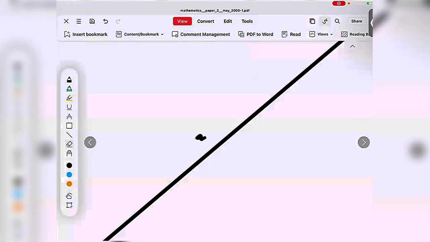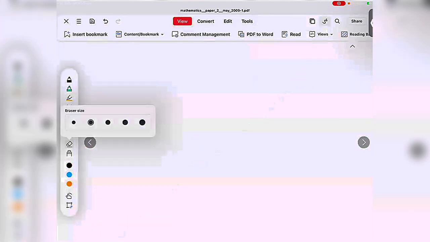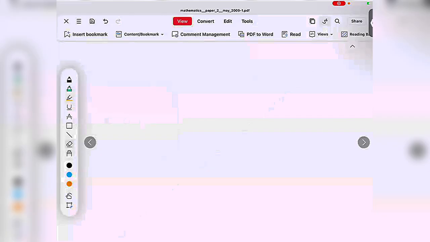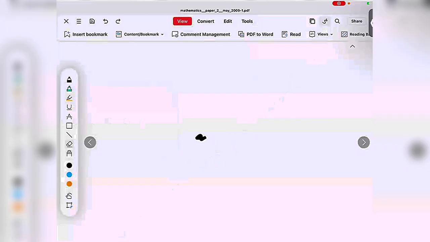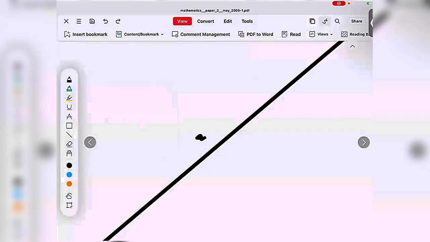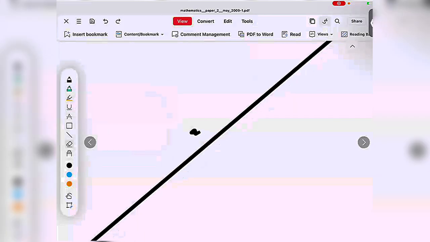I'm trying to get this thing here. Give me a second, guys. All right, let's see if we can erase a spot right there. Well, it's erased now. So you know what?